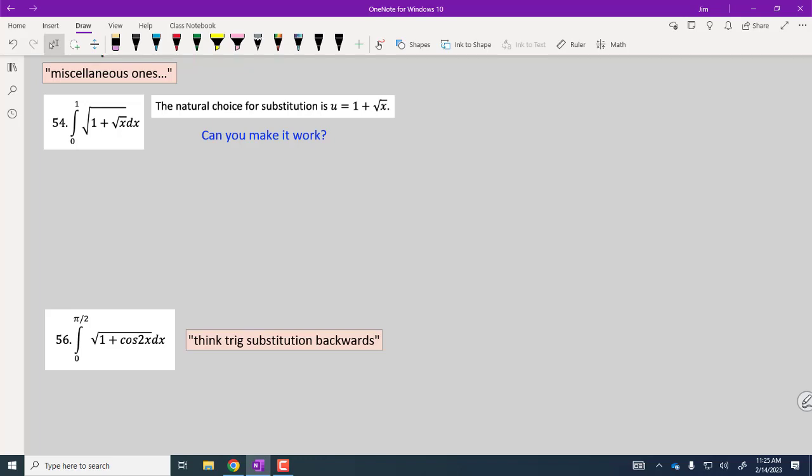So this one, we're going to let u be 1 plus root x. Then we're going to take the derivative so that we'll get a du equals 1 over 2 root x dx. So this is x to the 1/2, so its derivative is 1/2 x to the minus 1/2, which is that.